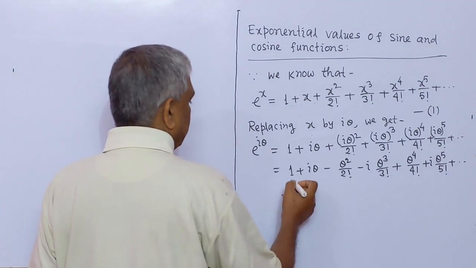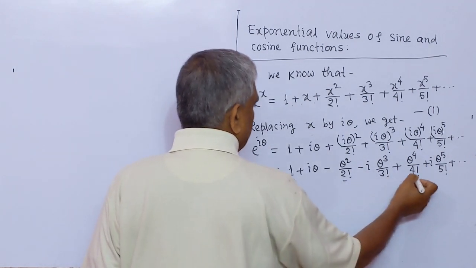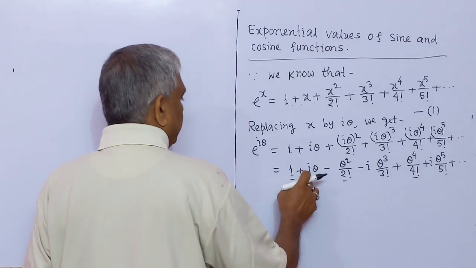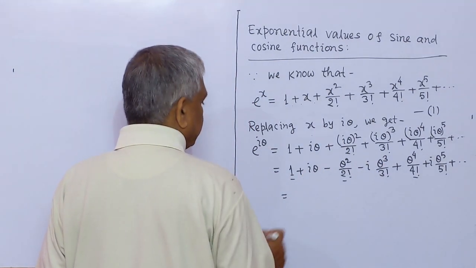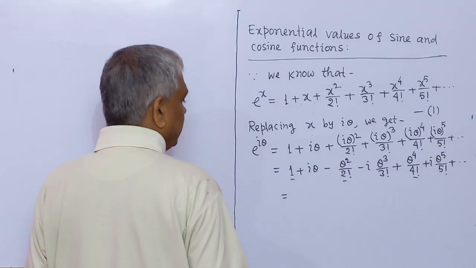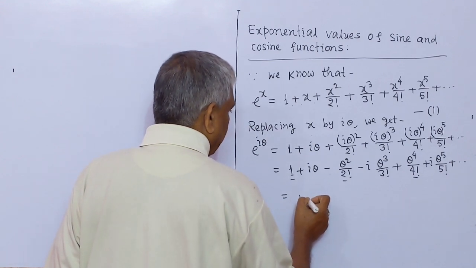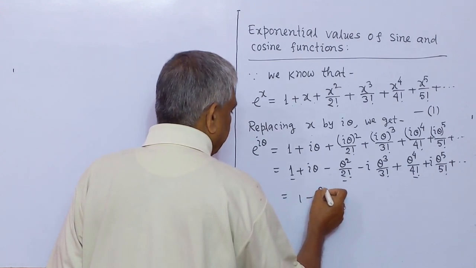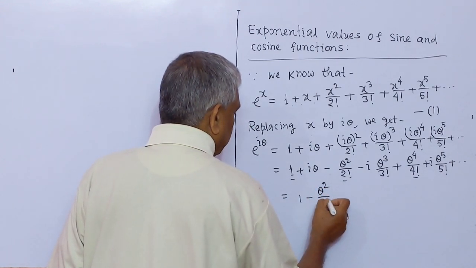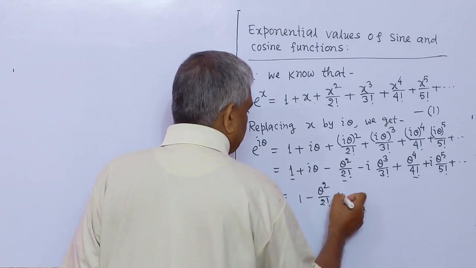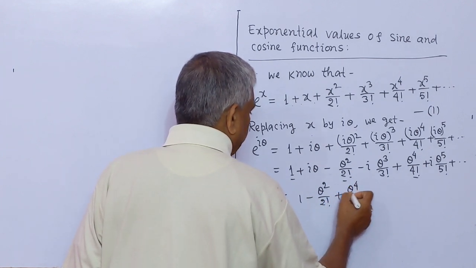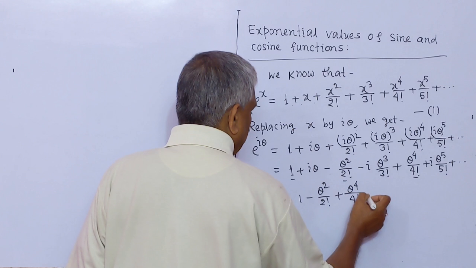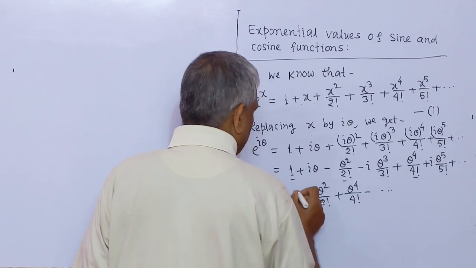Now we take the quantities free from I: 1 minus theta square by factorial 2 plus theta to the power 4 by factorial 4 minus dot dot dot.